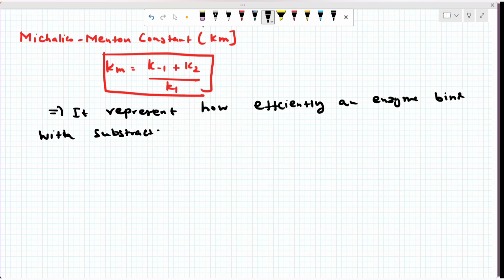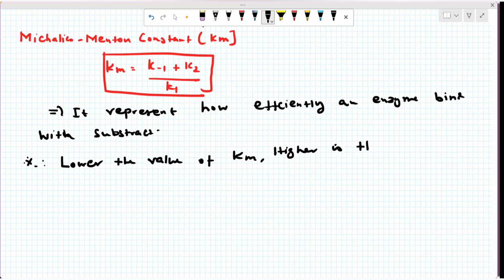Now see, very important point: the lower the value of Km, the higher the binding efficiency, the higher the binding affinity. This is most probably a question asked in the theory part. So the lower the value of the Michaelis-Menten constant, the higher will be the affinity of the enzyme to bind to the active site. Now what is the unit?